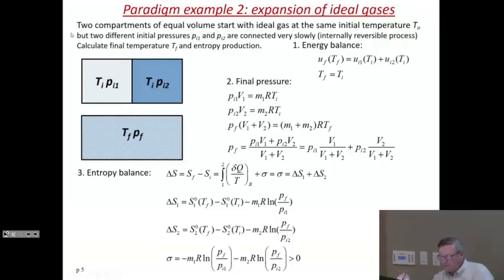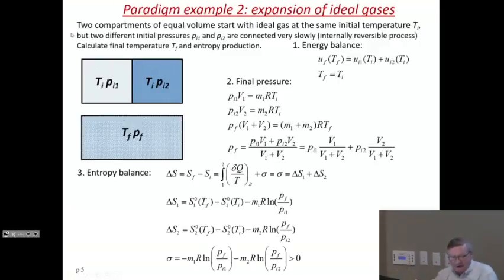So then for the final pressure, P V becomes m RTi, so we use the ideal gas equation in these two, and then we use the ideal gas equation in here too. We solve for the final pressure, because you can just substitute, and you end up with P1 times the ratio of the volumes, and P2 times the ratio of the volumes. So that is fairly simple.